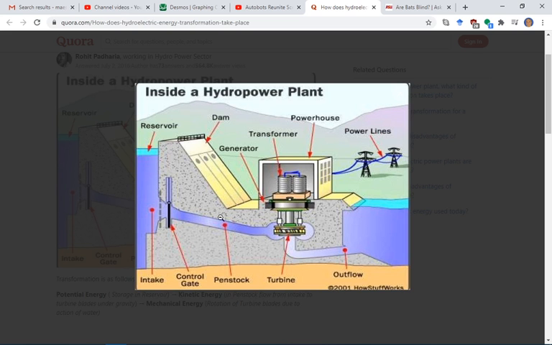As it pours down, that potential energy transforms to mechanical energy. That mechanical energy becomes mechanical energy of rotation of this turbine. And then in the generator, that transforms to electrical energy. And then you have these high voltage power lines that bring it to somewhere near your home.